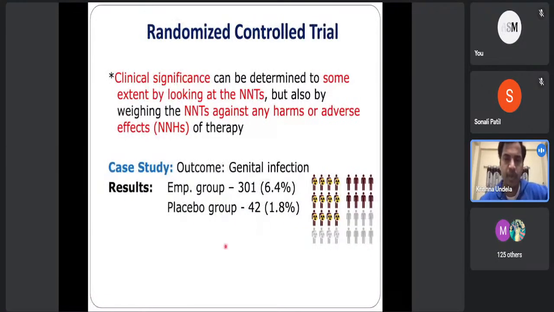So, any quick result from anyone? It's very easy, nothing difficult.